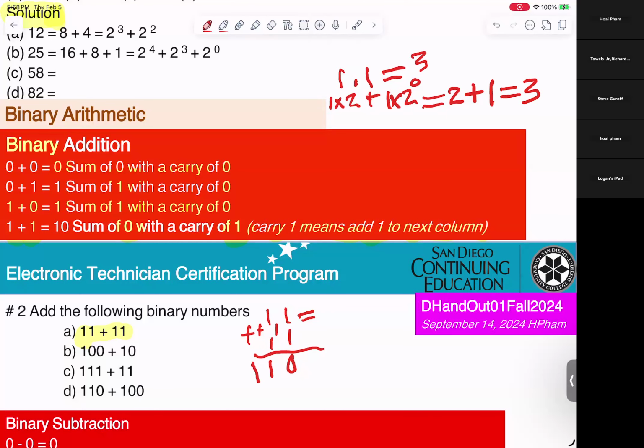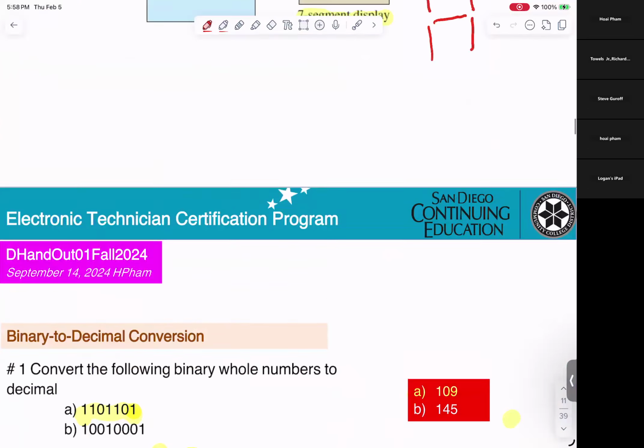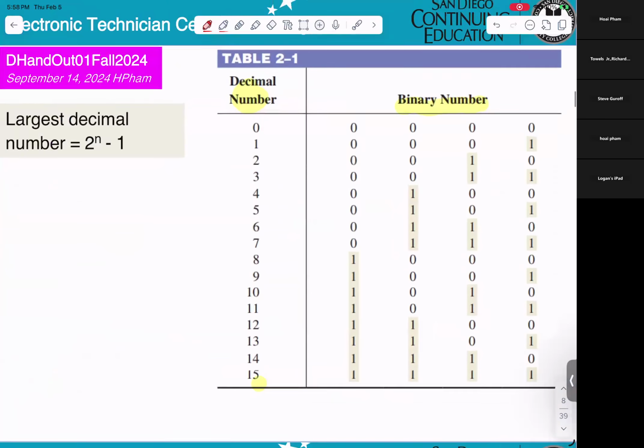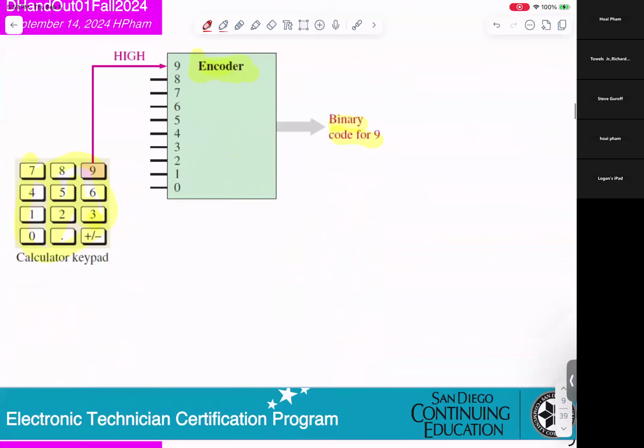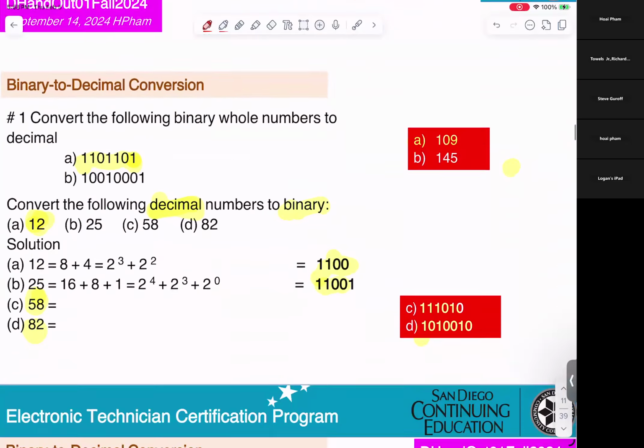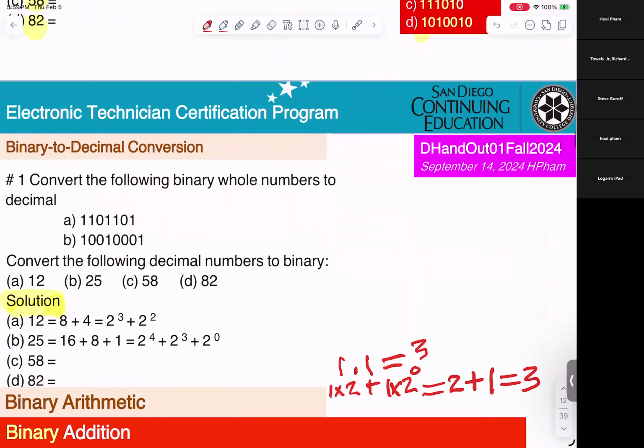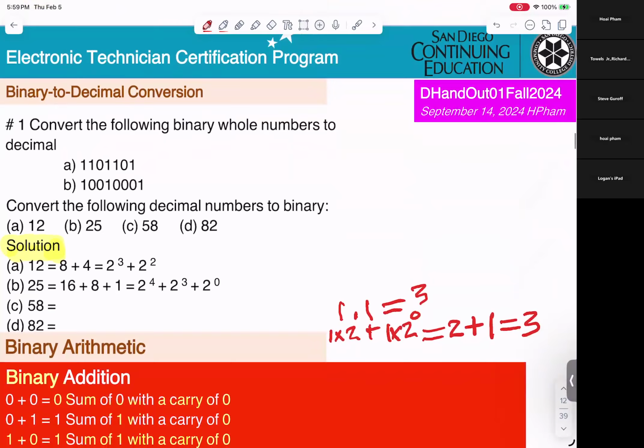That means binary 1, 1 equivalent to number 3. If you don't know, then you can see here. Number 3 right here. That will be 1 and 1. Number 3. But that is the way calculate the binary to the decimal.